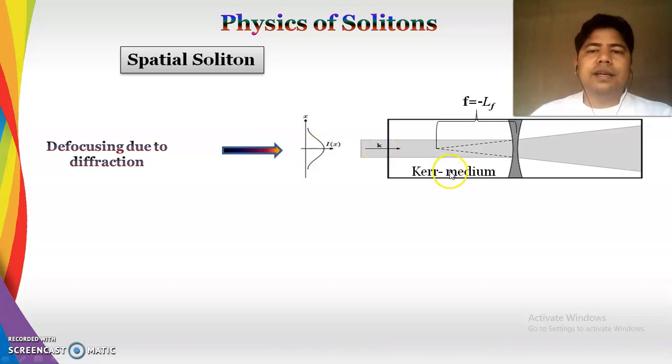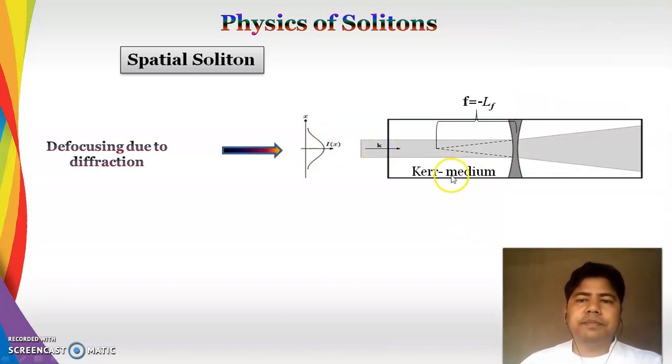And say there is a Kerr medium, the fiber, and the fiber has dispersion. What will happen when the pulse propagates through this medium?